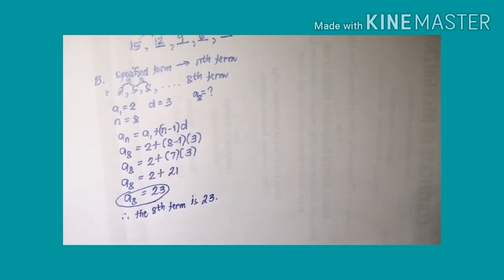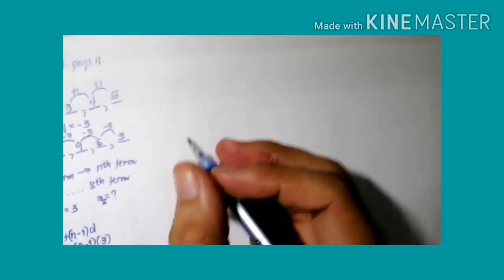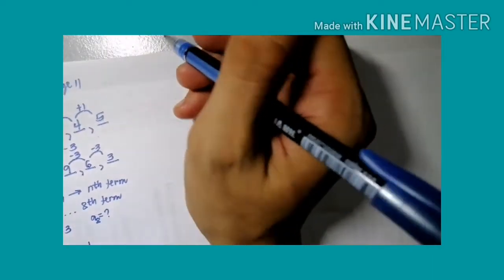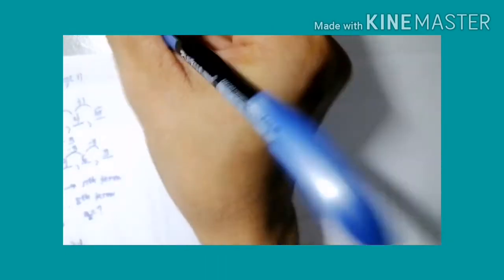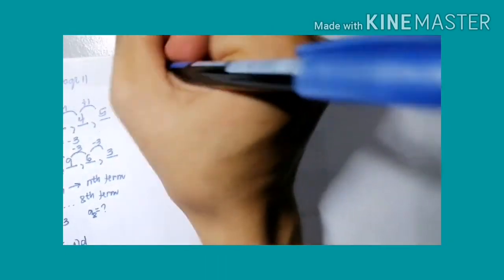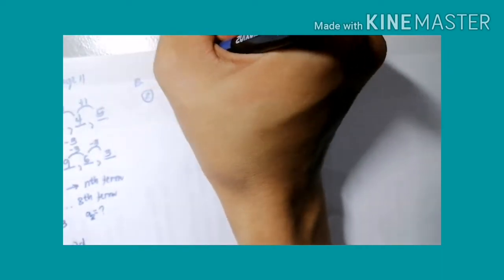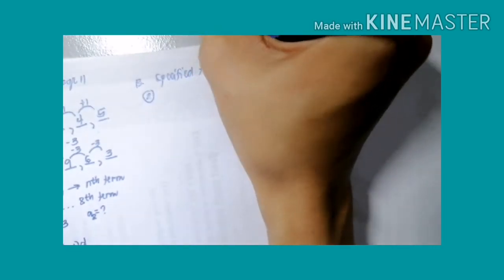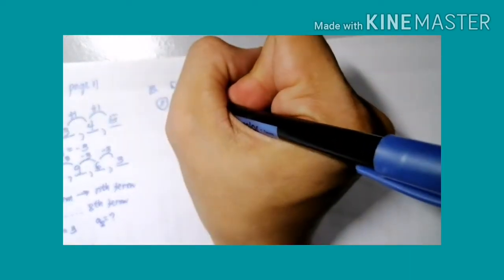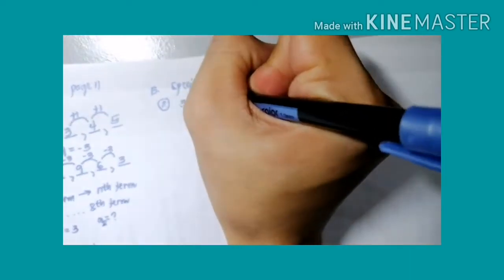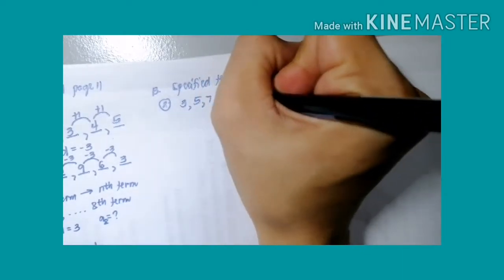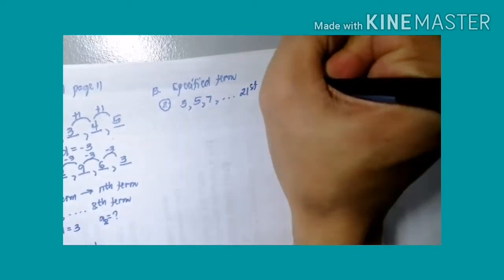Okay. Now let's move to item number 2, still on page 11 of your module, letter B. So again, we need to find the specified term or the nth term. This time, the given is 3, 5, 7 up to the 21st term.